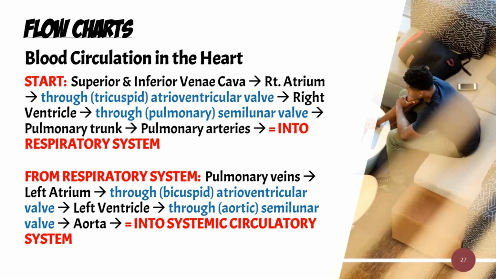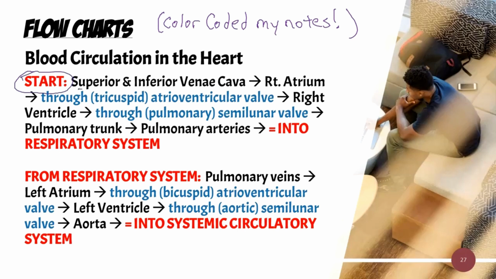So flowcharts. This is what I was talking about with the arrows. And if you notice, I color-coded my notes. So, blood circulation in the heart. We're going to start, and it comes in through the superior and inferior vena cava and into the right atrium of the heart.